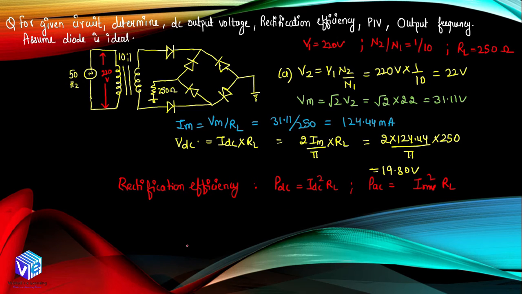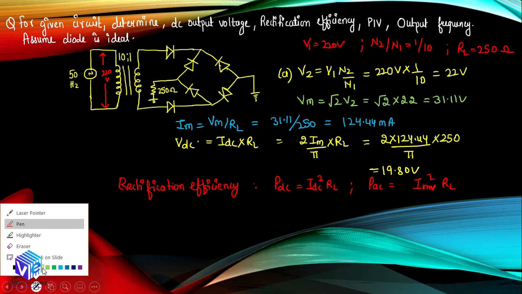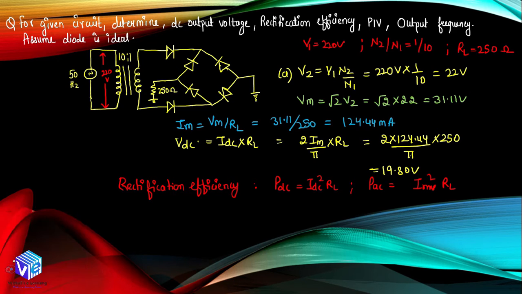Now we can take the value of PDC and IRMS and find out the efficiency. Either you can calculate them separately, or you can use the formula PDC upon PAC, cancel out the RL, and find out the rectification efficiency.